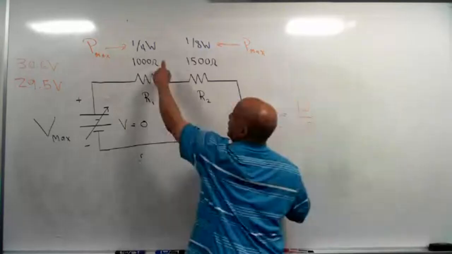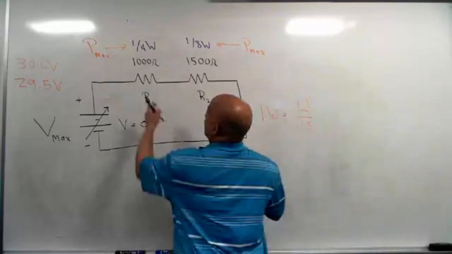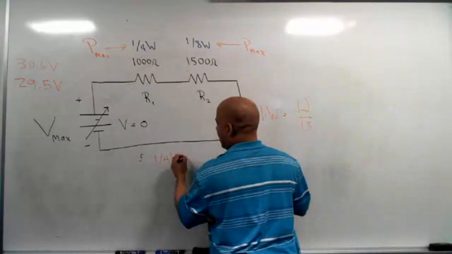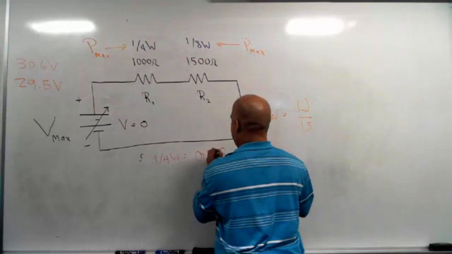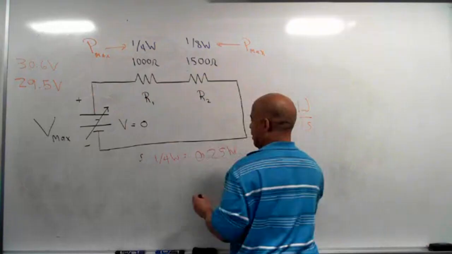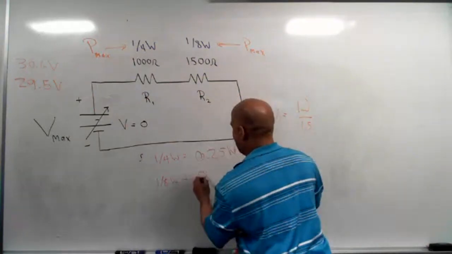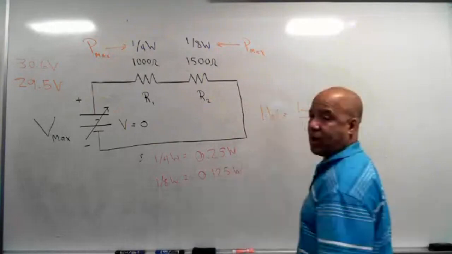So if I convert this to decimal, that 1/4 watt is 0.25 watts, and the 1/8 watt is 0.125 watts.